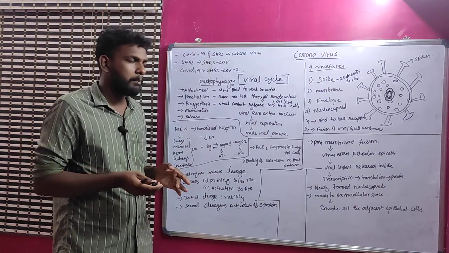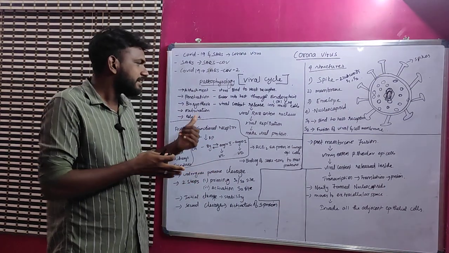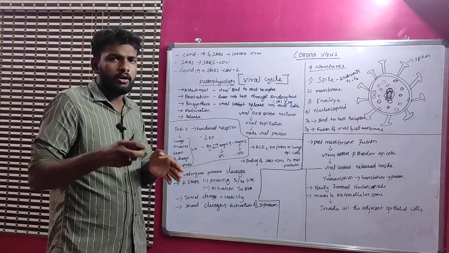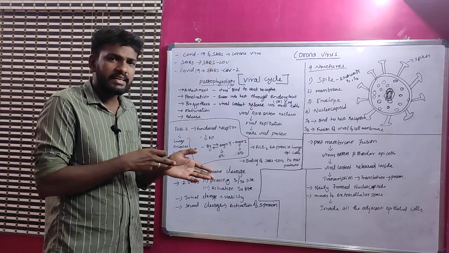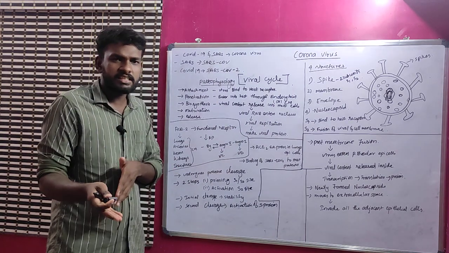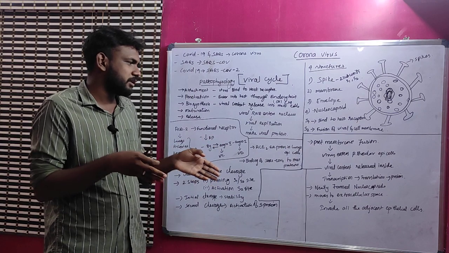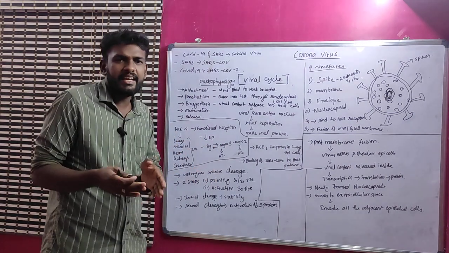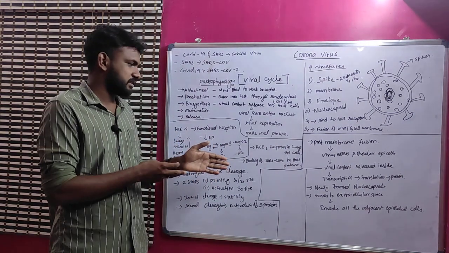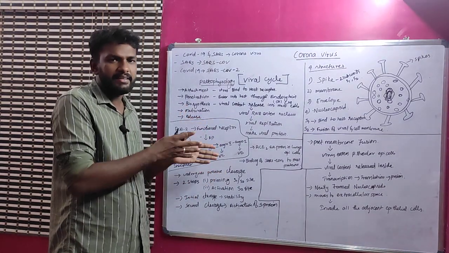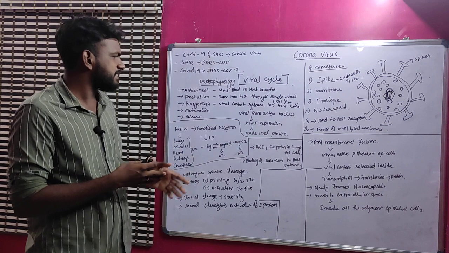The next step is biosynthesis. In biosynthesis, the viral content is released into the host cells, and thereby viral replication takes place, with viral RNA entering the nucleus, where viral protein is made. This is the process.